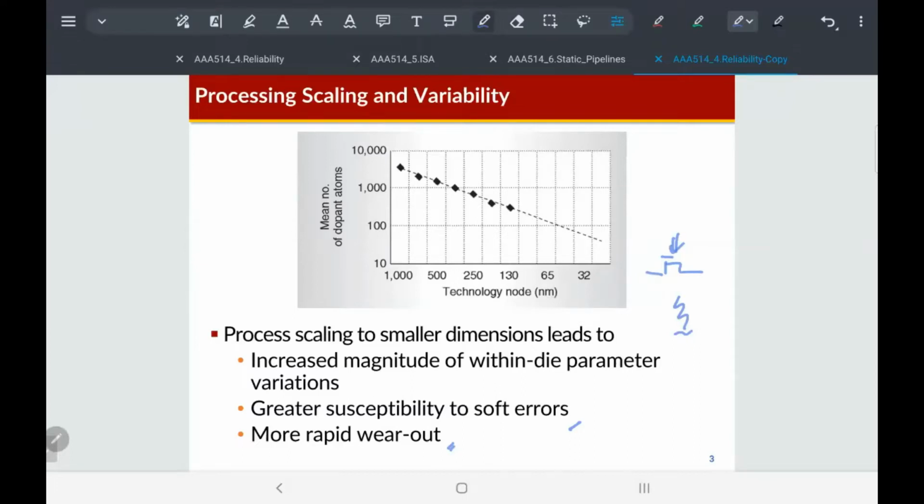And then we also need to consider the wear out problems in our processors. But actually for personal computers, the wear out issue is not critical because we do not use our devices that heavily.